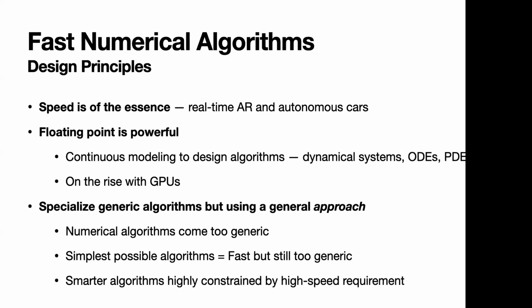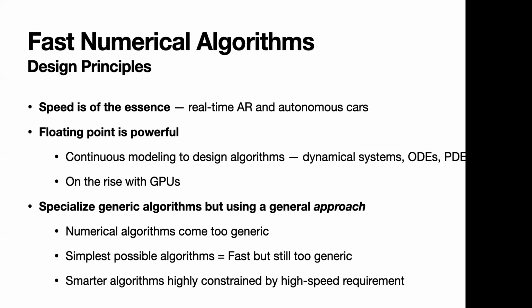So this package allows you to progressively specialize homotopy continuation to optimized versions of it in multiple layers, multiple steps. At each step, you add something that makes it faster or a little bit more complicated. The problem with numerical algorithms is that they become too generic, like I said. Sometimes you just pick the simplest possible algorithm, let's say LU decomposition with partial pivoting.